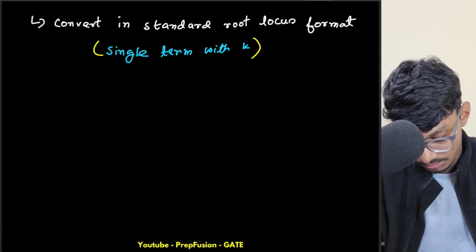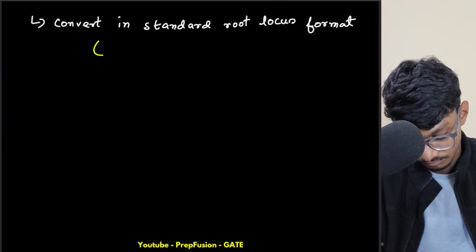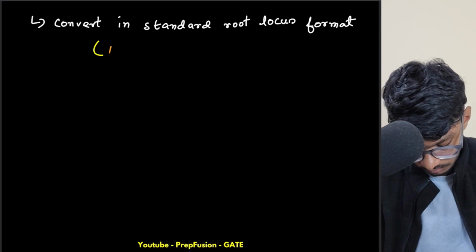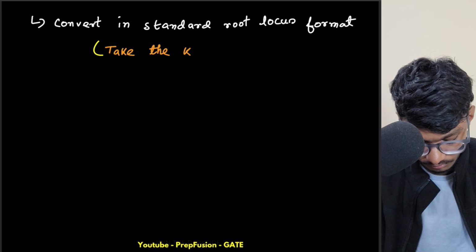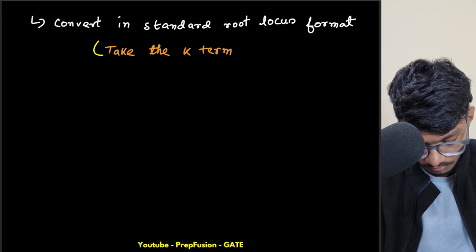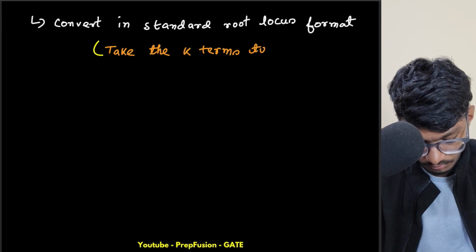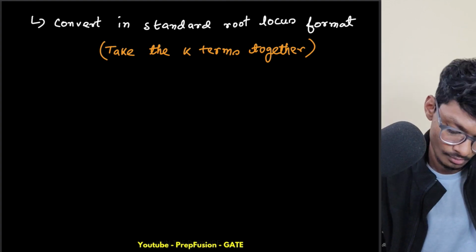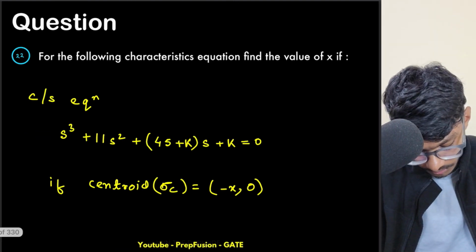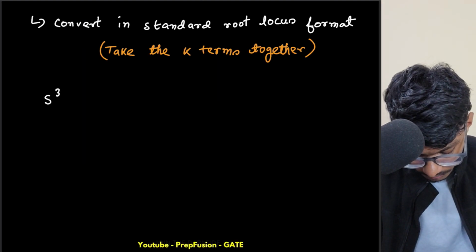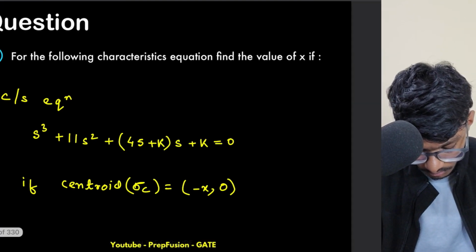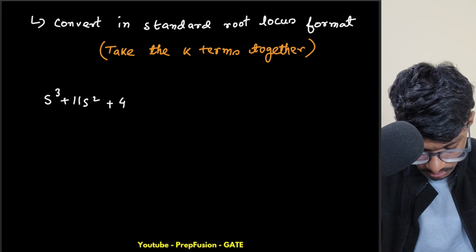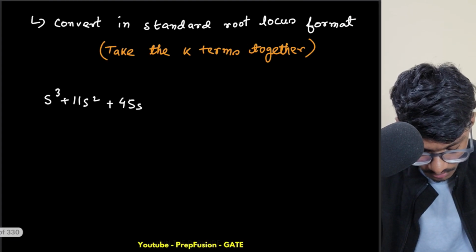Here we will separate out the other terms: s cube I have separately, plus 11s square, plus 45s, and the k terms I will take together.